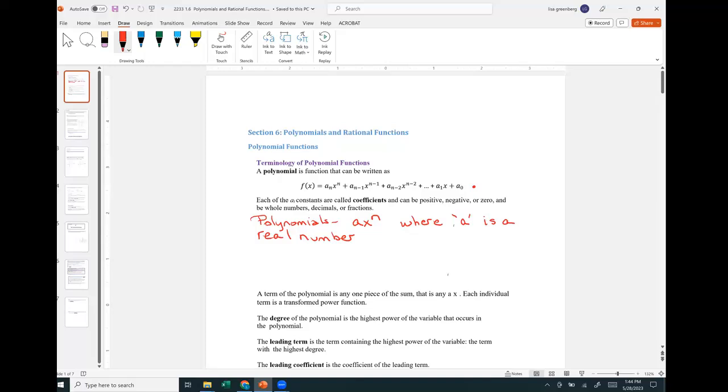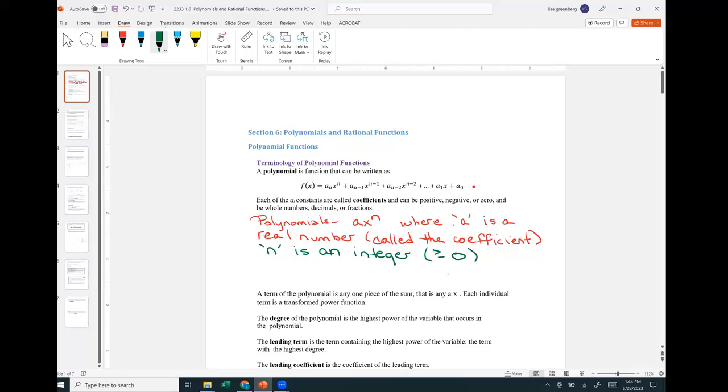A is a real number, also called the coefficient. And n is an integer, but that integer has to be greater than or equal to 0.